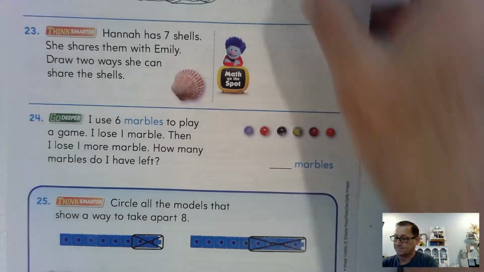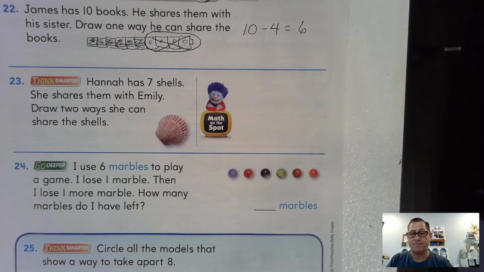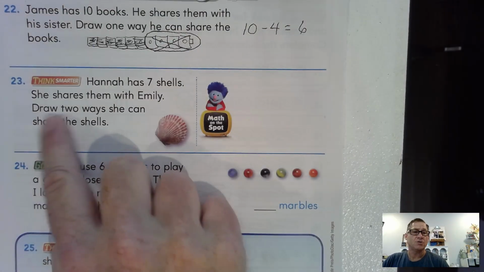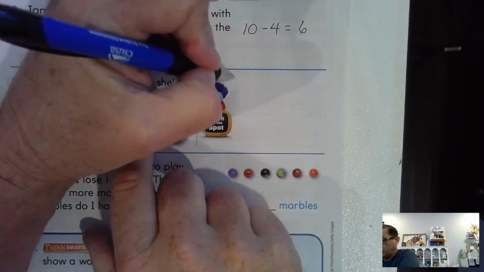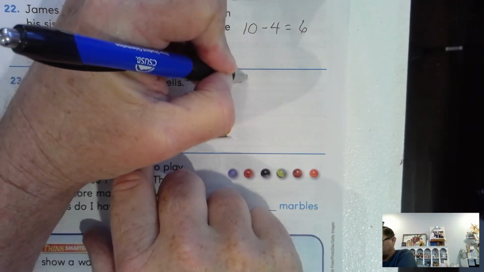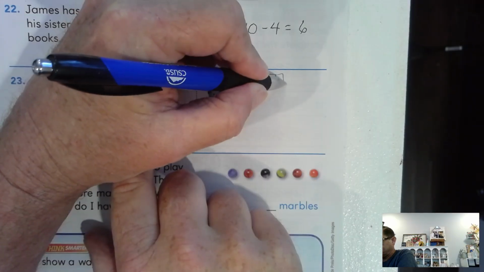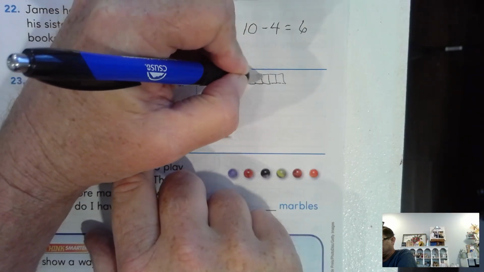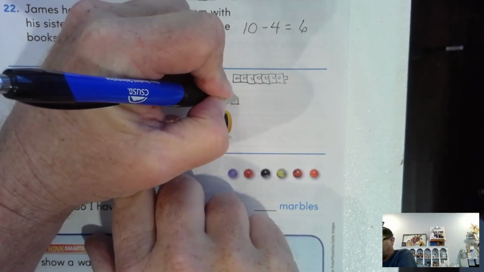Okay, 23. Hannah has 7 shells. She shares them with Emily. Draw 2 ways she can share the shells. 2 ways. Okay, so this time we're going to draw 7. I'm going to go ahead and draw it twice.